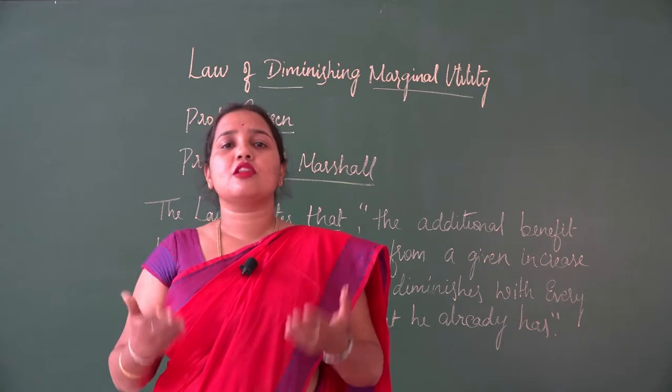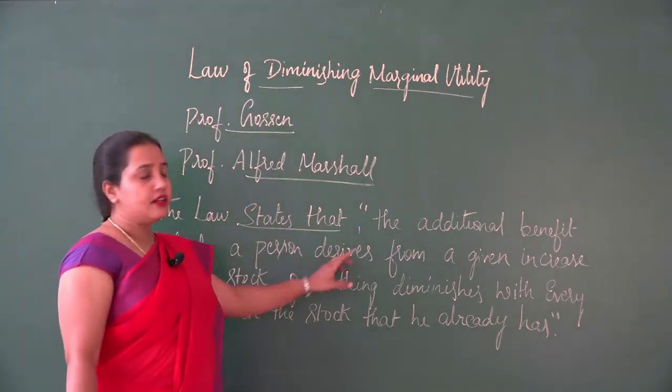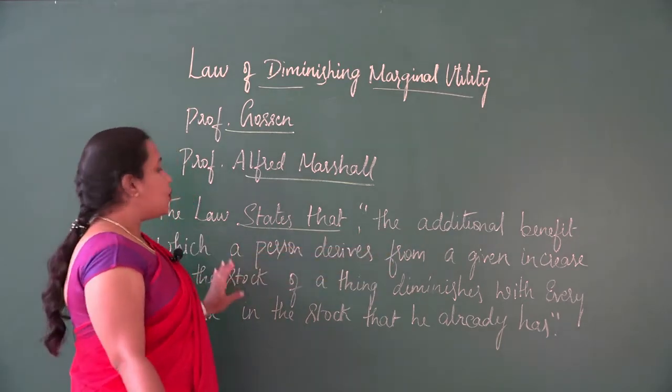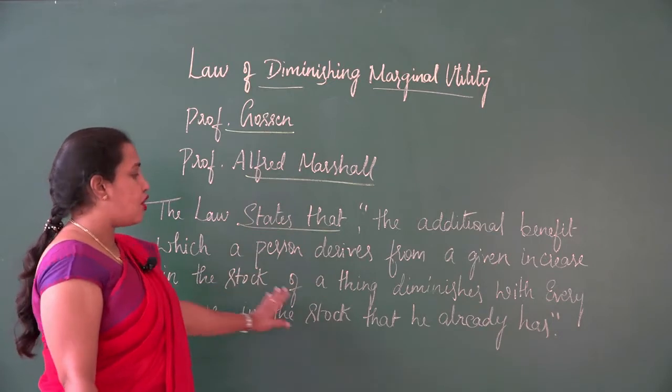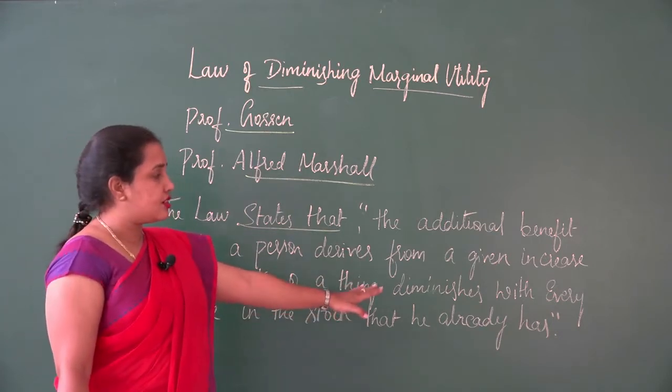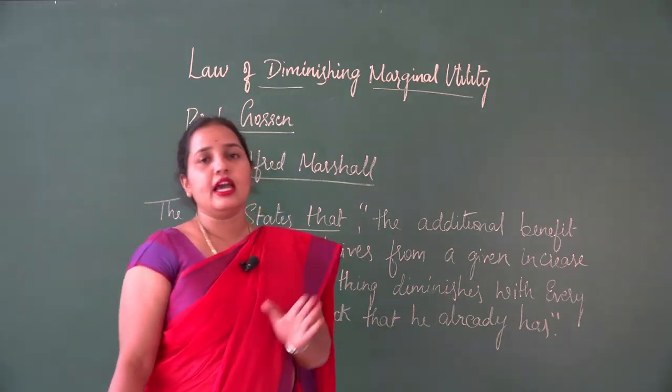Then what does this law state? We shall understand. The law states that the additional benefit which a person derives from a given increase in the stock of a thing diminishes with every increase in the stock that he already has.